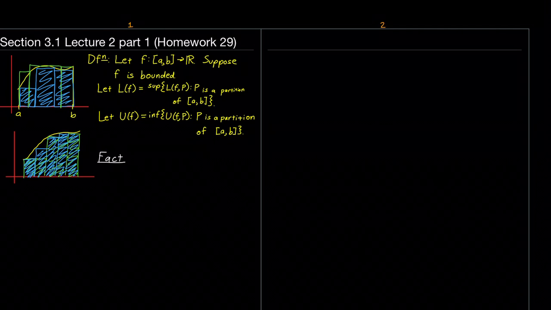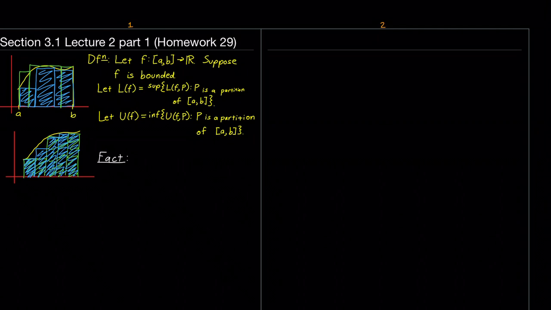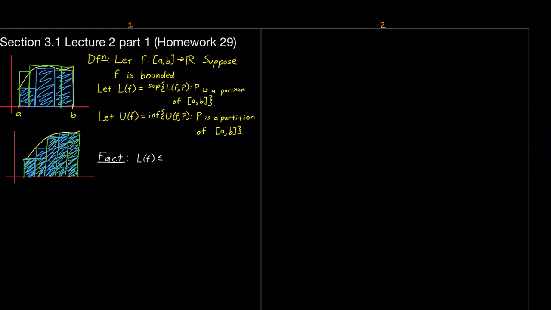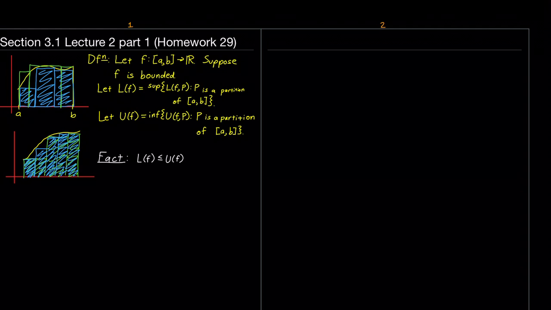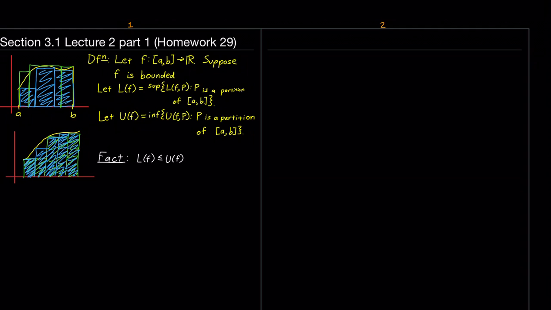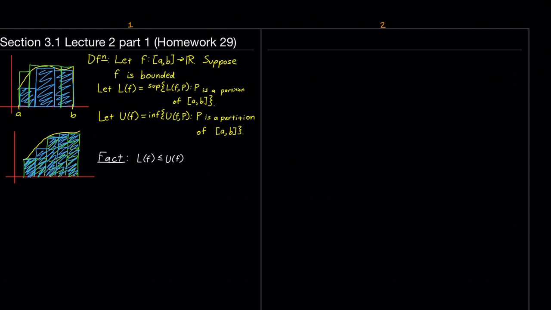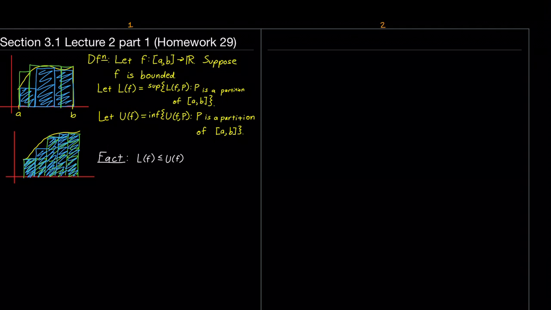Now, I want to point out one fact, and this is that L of f is less than or equal to U of f. And this is because, remember, every lower Darboux sum is less than any other upper Darboux sum.